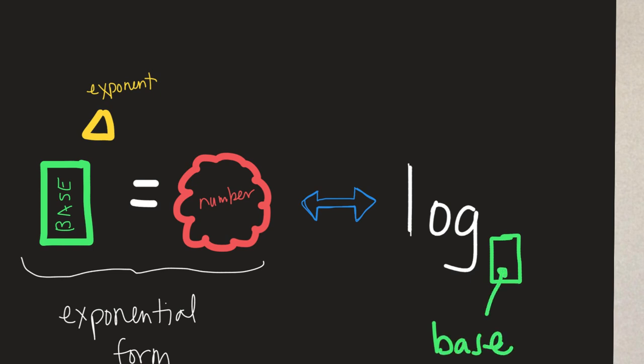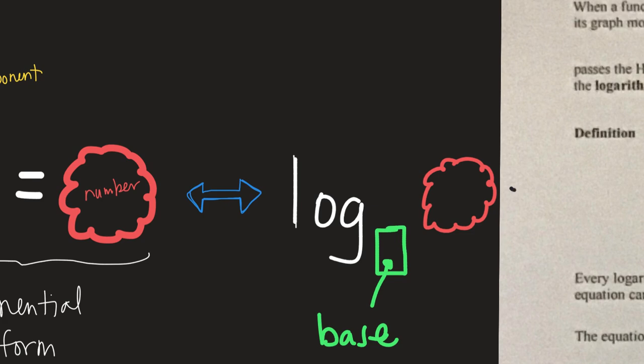The number in your exponential becomes the argument of your log. Then we have the equal sign, because all equations need the equal sign, and your exponent comes over here. That's really important to understand: this is the exponent.